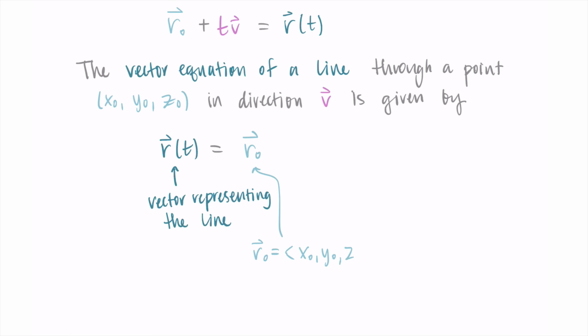So sorry, that wasn't quite right what I said before. r0 points to the point we were given. Okay, and then we add it to this t times v. And v is that direction vector. That's the vector that tells us the direction we are going.